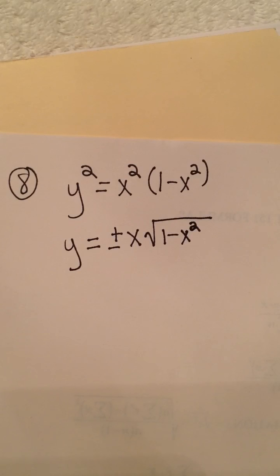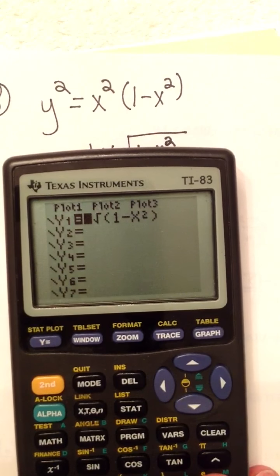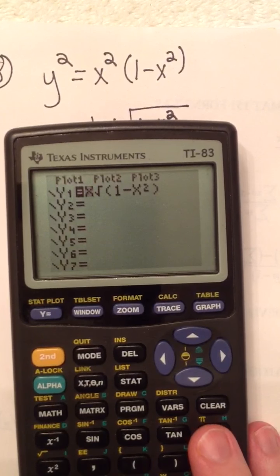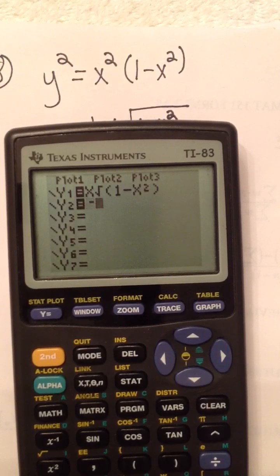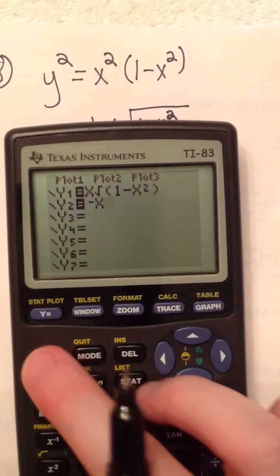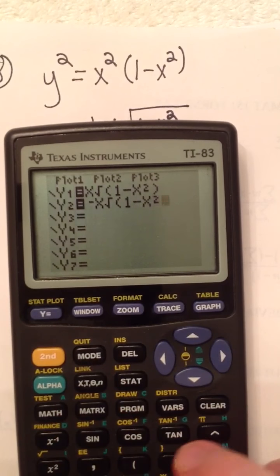Let's say we take the graph of the positive of x times the square root of 1 minus x squared, with x going from -1 to +1, and I'll also include the negative of x times the square root of 1 minus x squared.